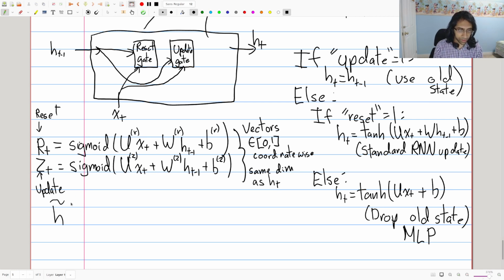Now the next thing, we're going to define two more signals. We're going to define this, which is going to be our candidate hidden state.